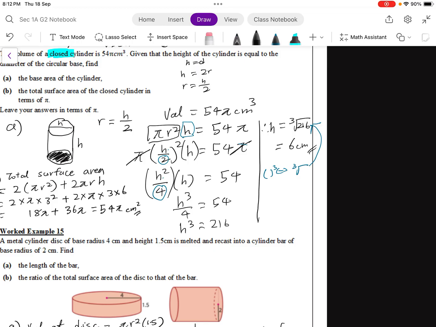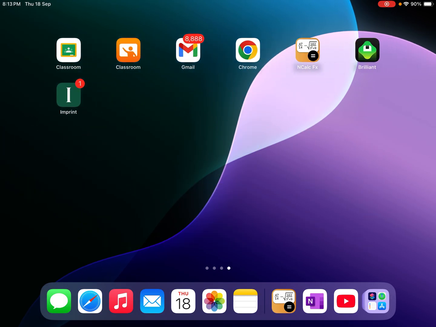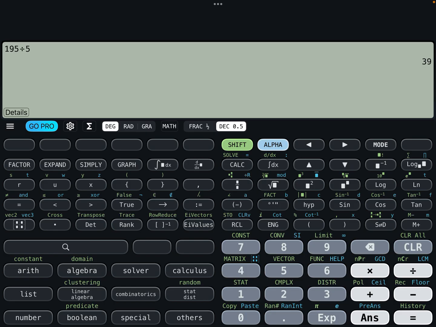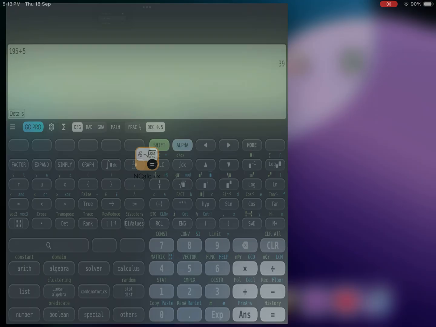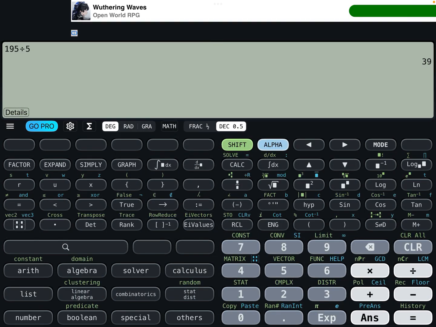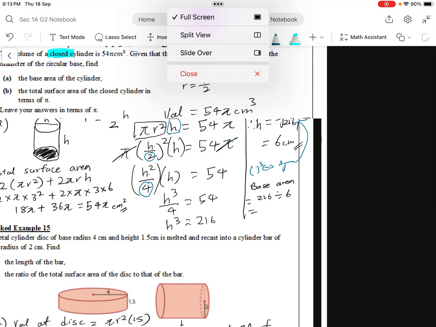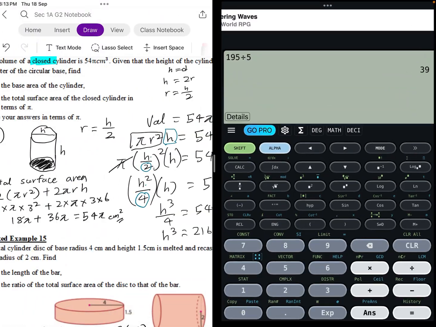Base area equals 216 divided by 6. Okay, so let's pull out our calculator. Split view, calculator.